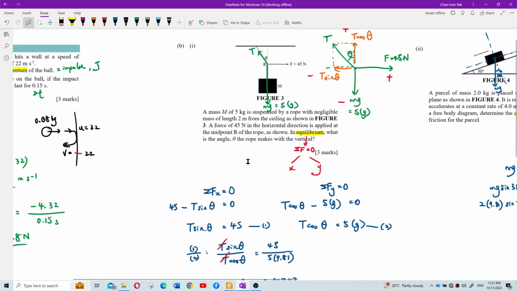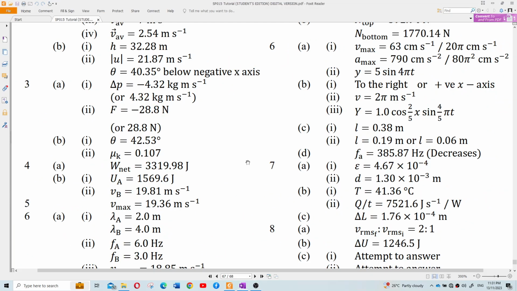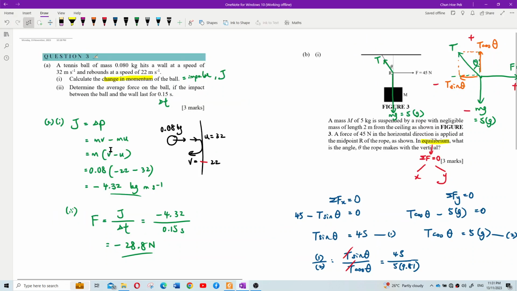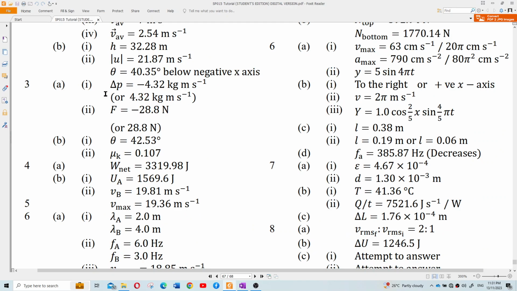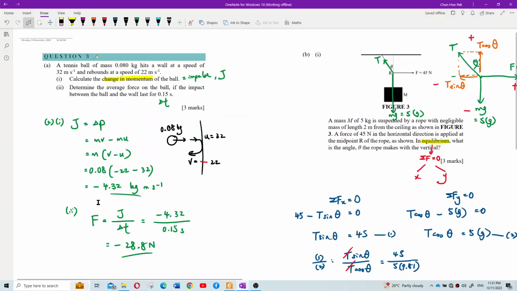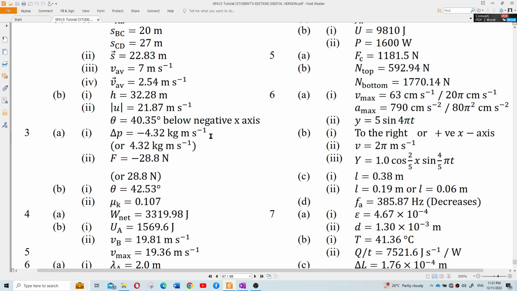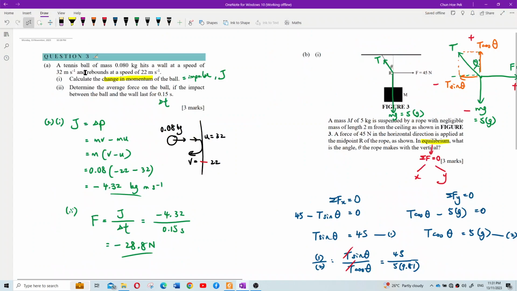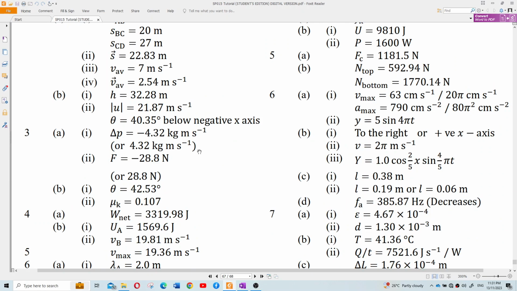So this is question 3, 3A. Negative 4.32 kilogram meter per second. Yep, negative 4.32.